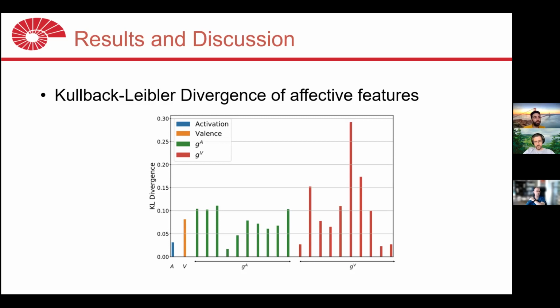To do so, we need two distributions. We calculated distributions for each feature for the face-including frames and non-face-including frames. We check their KL divergence, and a higher KL divergence indicates a bigger discrimination between the distributions of the feature dimensions across the with-face and without-face classes.